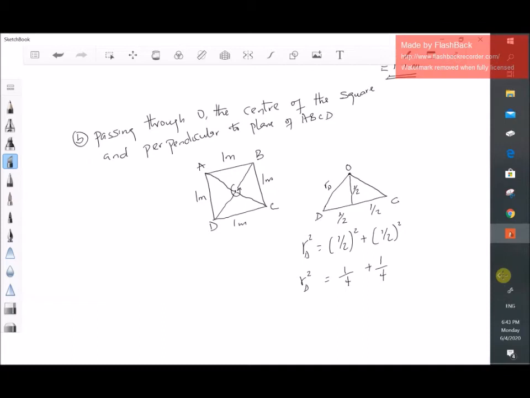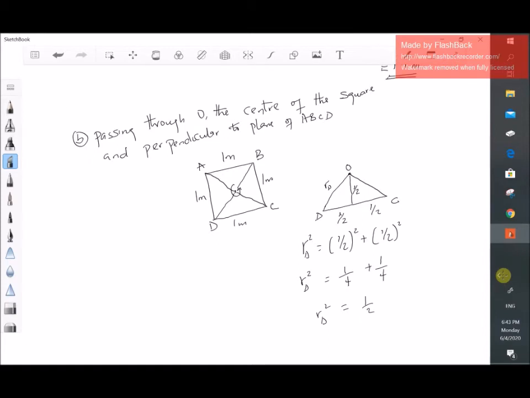Alright, so when you solve this, we got 1 over 2. So what next?